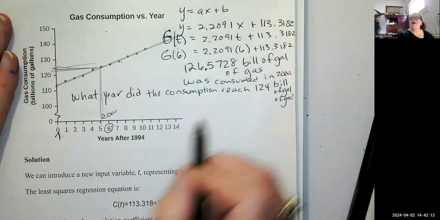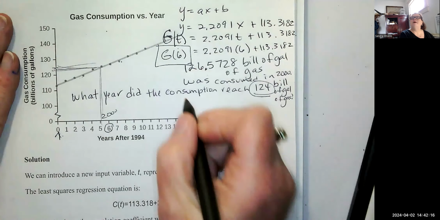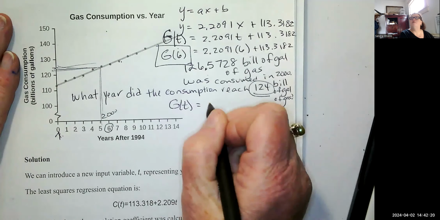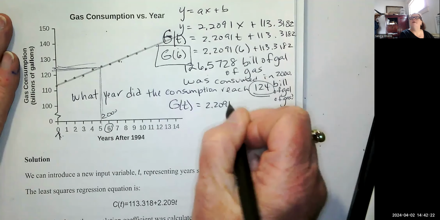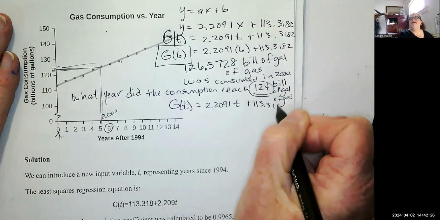To find out when that happens, I'm going to take the 124 and substitute it instead for my G of T. Let me rewrite it real quick, 2.2091 T plus 113.3182.